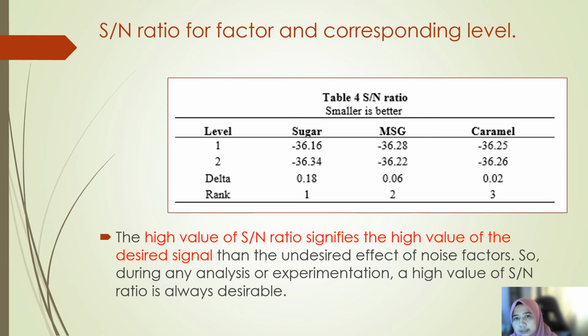Okay, based on Minitab, this is the SN ratio. So the higher value of SN ratio signifies the higher value of the desired signal relative to the undesired effect of noise. Based on this result, it shows that the highest ratio is sugar.